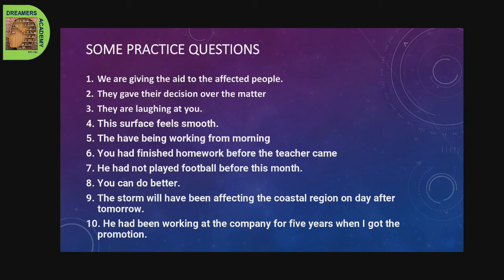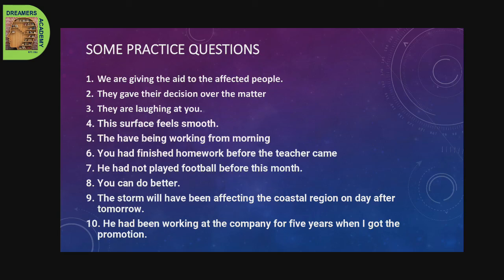You have to focus on the sentence construction, and you have to identify the number of the object in the active sentence and the person of the subject, and according to the number and the person of the object, we use the auxiliary verb or has or have in the passive voice.